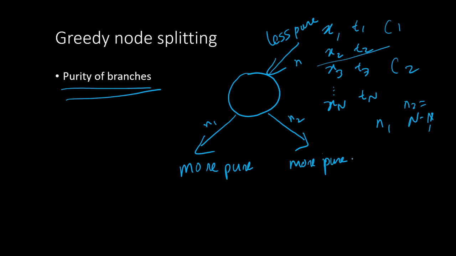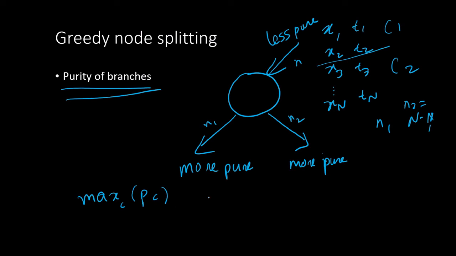So what is the notion of this purity? How can we capture it mathematically? There are multiple ways of capturing it. We can say max over C of all the PC. What is PC?